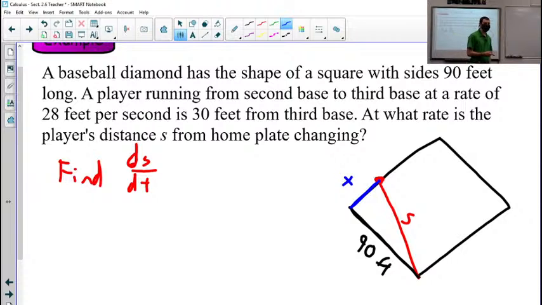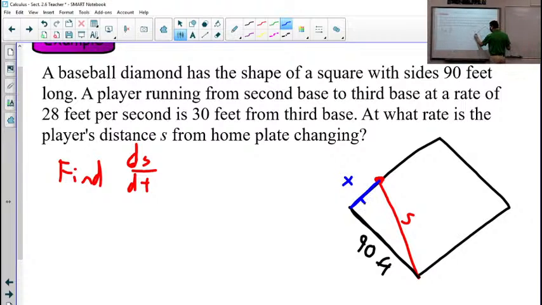Another way of saying it is that because it's a constant, because it's not changing at any particular rate, we don't need to write down a rate, and when we take the derivative of that constant, it's going to be 0. So we can treat it as a constant. Now, x we are putting as a variable because it is changing. The distance of 90 feet is not changing, so I'm writing it as 90 feet.